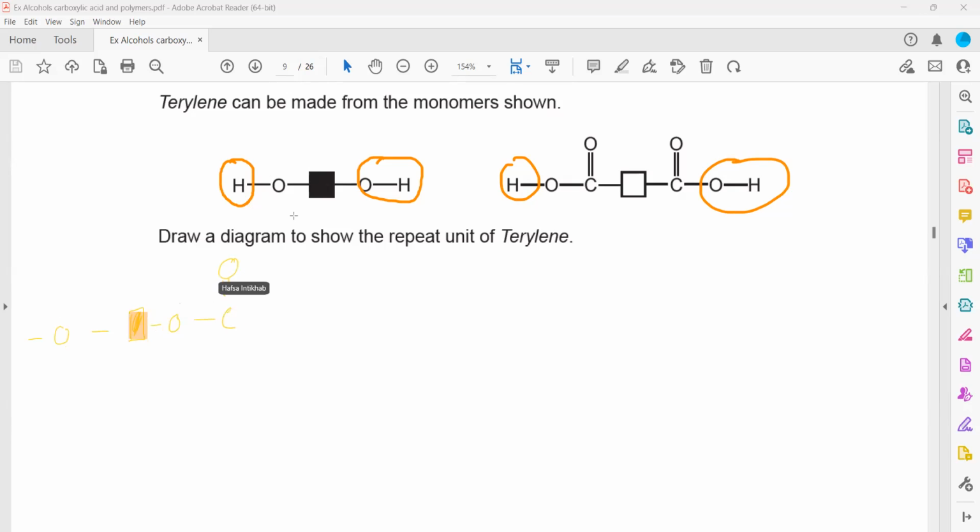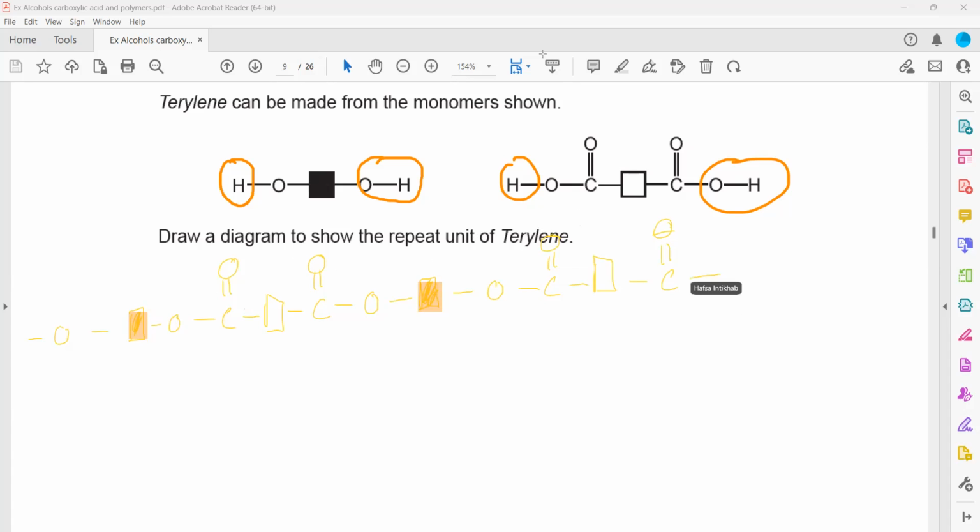So this shaded box will be there. Then OH and H are being removed. So OC double bonded. And we have to draw repeat units, so you have to draw the same structure again. This is one unit, and then draw the same structure again. Yeah, this is a shaded one. Then OC double bonded with O, then this box. And then C double bonded with O. And put a line at the last.